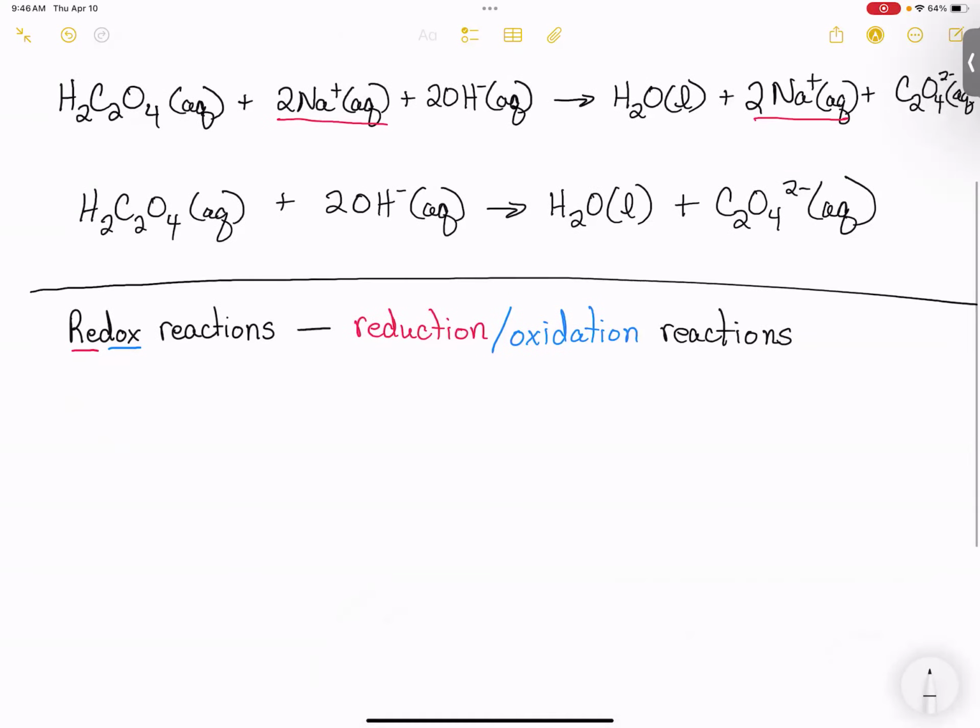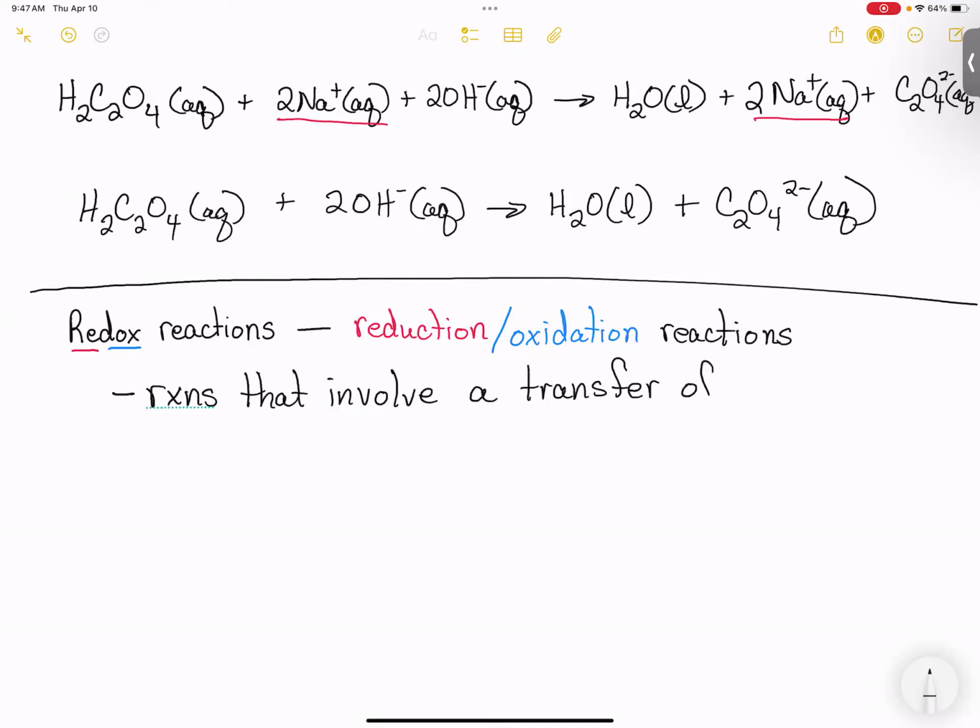Basically, redox reactions are reactions that involve a transfer of electrons.